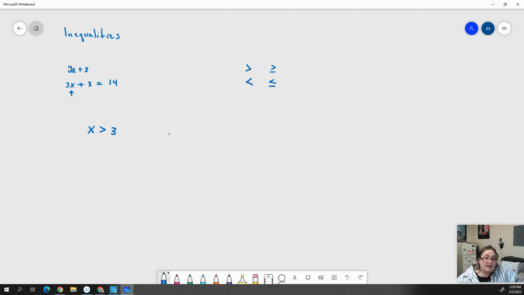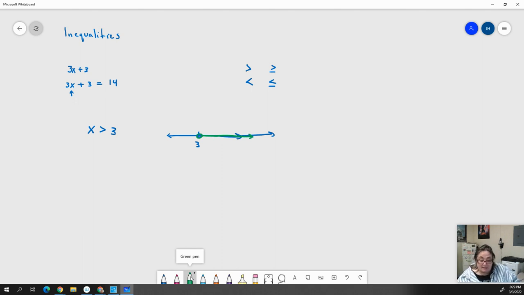If we were checking that out on a number line, we would have, say, 3 here, and x would be everything bigger than that. It would probably be better if I did that in a different color so you could see it, right? X would be greater than 3, it doesn't include 3, but it contains everything that is bigger than 3, right?